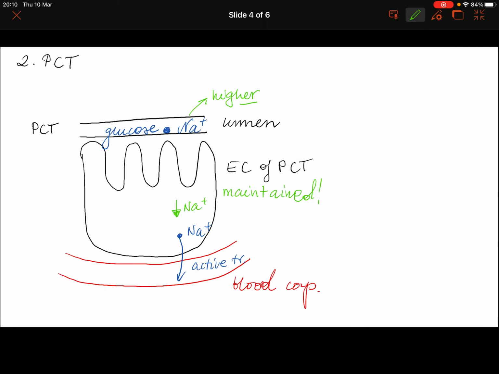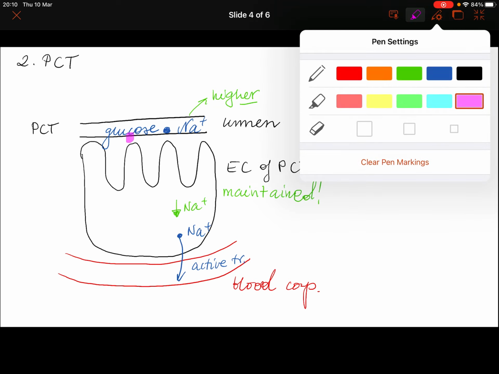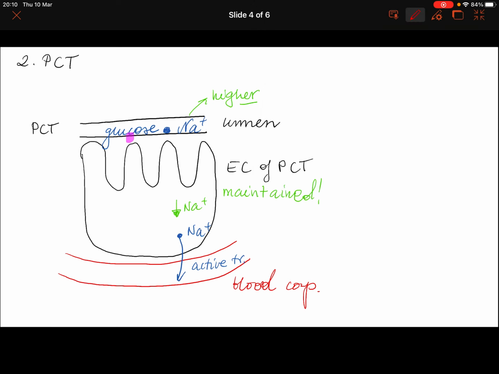We'll use different colors for those now. Okay, and they are now coming through the co-transport proteins, through the carrier proteins towards the epithelial cell. By doing so, of course, we're now increasing the concentration of the glucose in the epithelial cell.